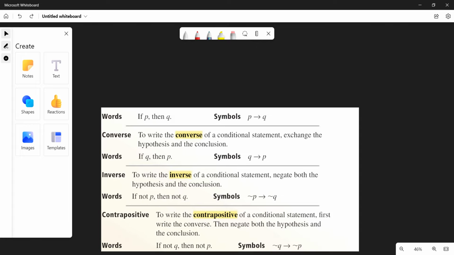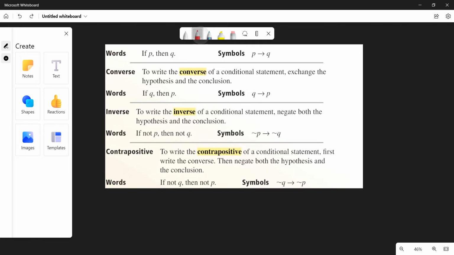Now, from a conditional statement you can make a lot of things. This is just a normal conditional statement: if P, then Q, and in symbols, P to Q. The converse of a conditional statement is switching the hypothesis and the conclusion. Let's say my conditional statement was, if I'm a YouTuber, then I make YouTube videos.